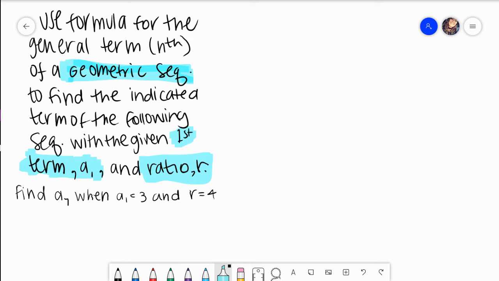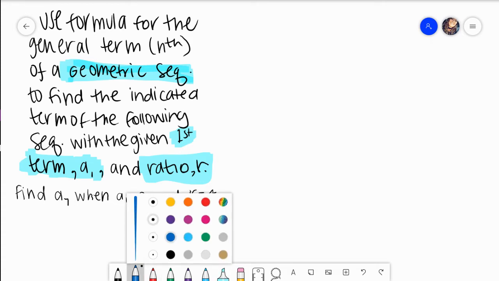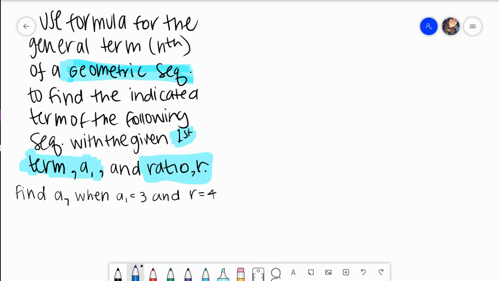It's telling me to find the general form, which means I don't have a specific value for n. It literally is just n. But let me write the form down and show you where I'm given my n.